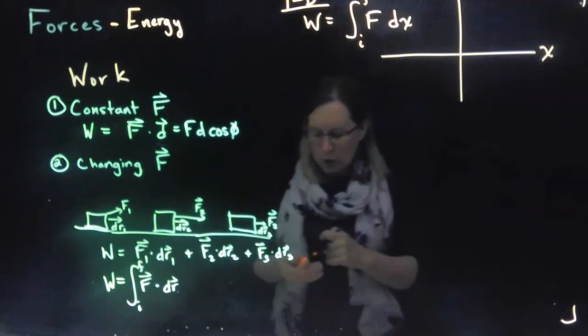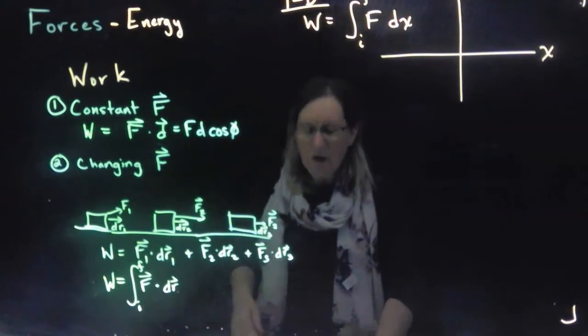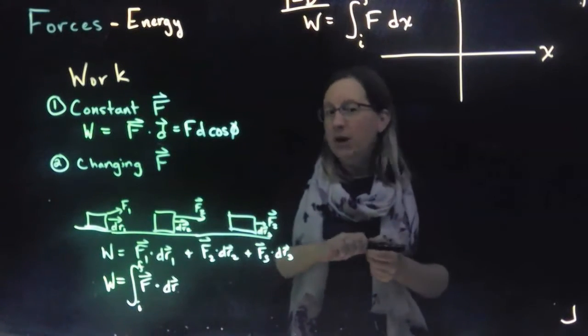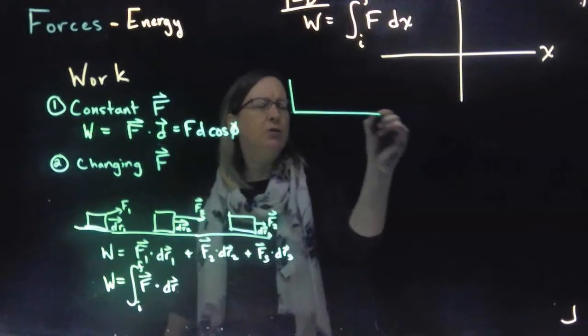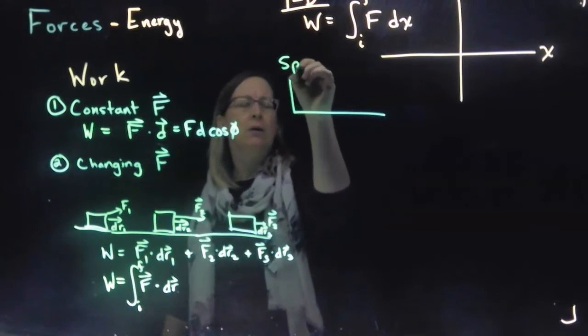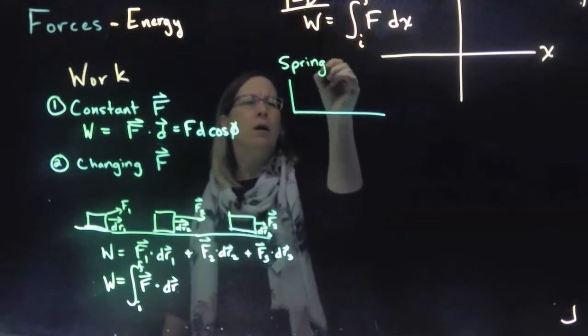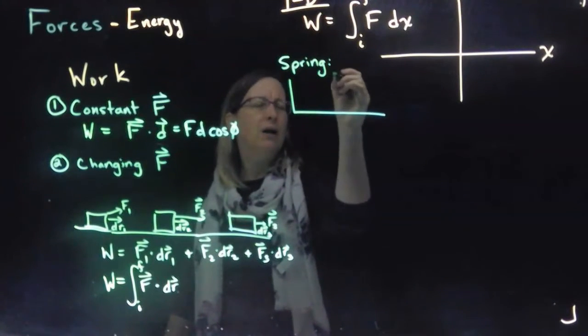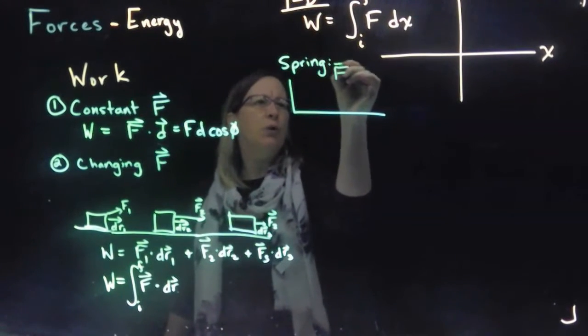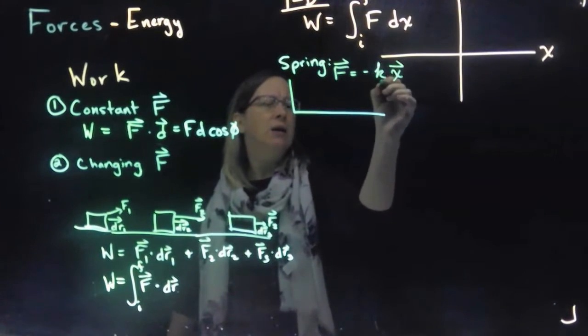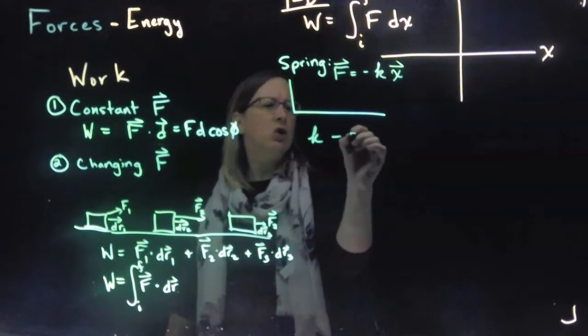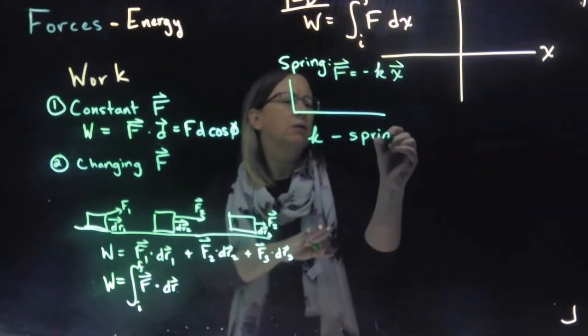So we're going to do this with a specific case of a force that I know something about that I hope will make some sense to you. So if we do this with a spring, I hope you remember, but you may not because we haven't used it yet, that the spring force changes. It's minus kx. This k is our spring constant.